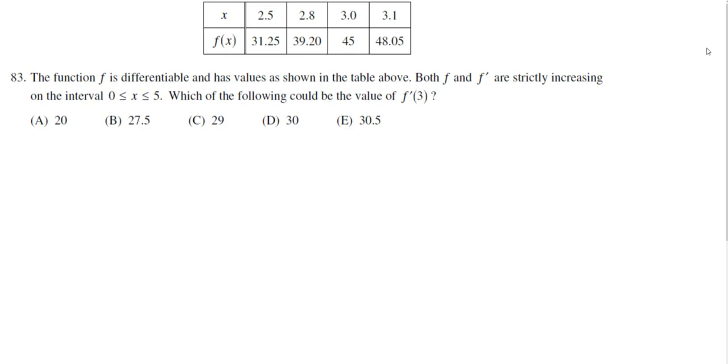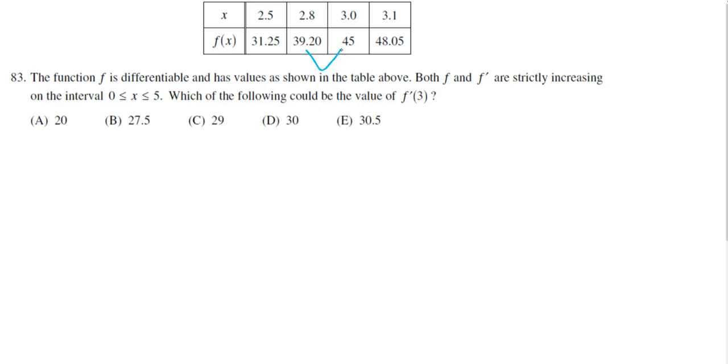Question 83. The function f is differentiable and has values as shown in the table above. Both f and f prime are strictly increasing on the interval 0 to 5. Which of the following could be the value of f prime of 3? Okay, so we know that both f and f prime are increasing. So what we're looking for is f prime of 3, right? The derivative gives me slope, okay?